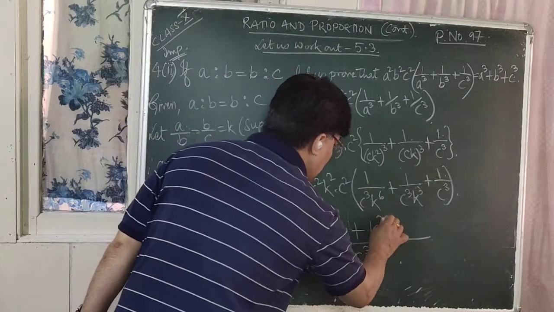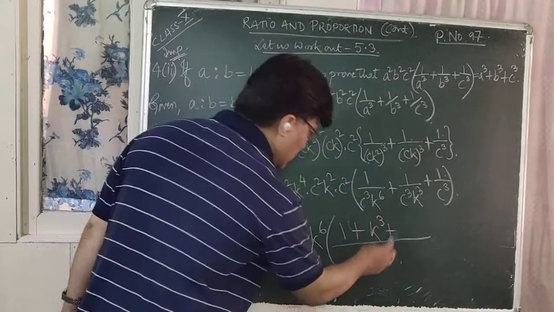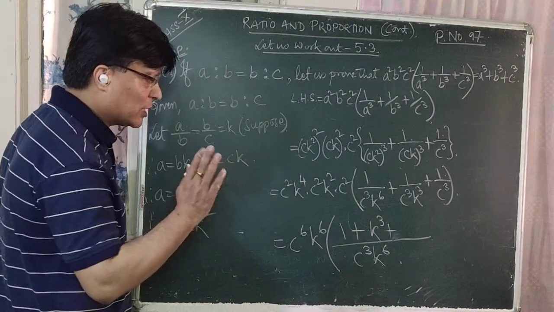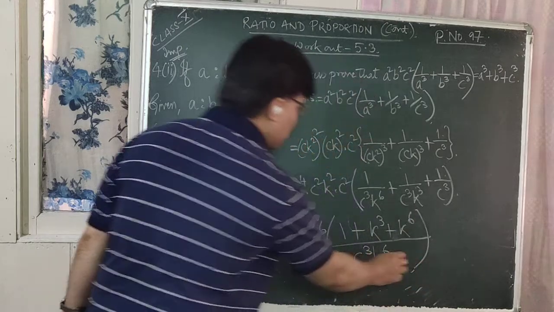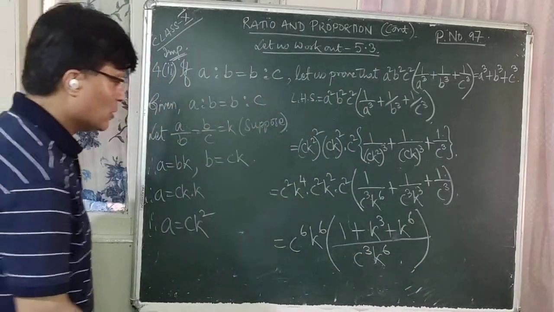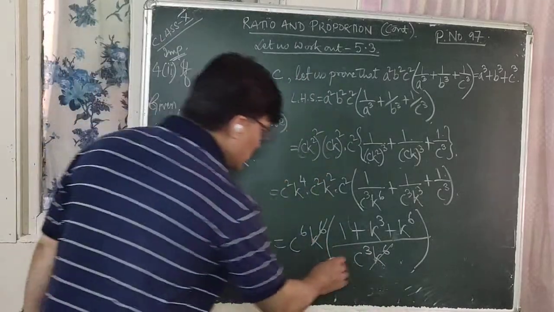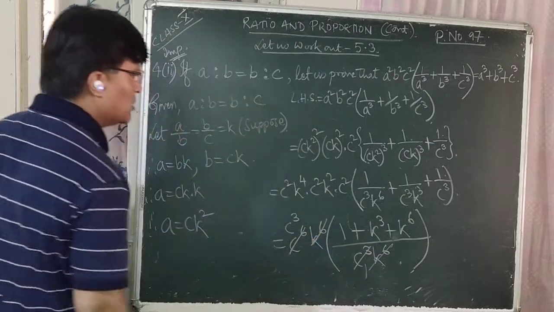You will get k cube plus, again this LCM is divided by c cube, c cube cancels. So it remains k to the power 6 multiplied by what? It is k to the power 6. Okay. So you can cancel here. k to the power 6 gets cancelled. And you can cancel c cube with c to the power 6. That is, it is c cube.